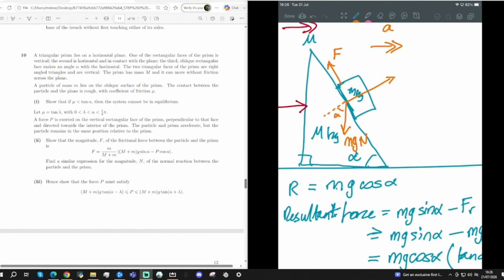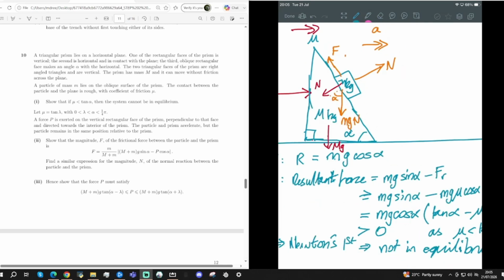And if I read a bit further, find a similar expression for the magnitude of the normal reaction force between the particle and prism. So they've called this N. And if I fill in the rest of the forces on my large prism, I've got a capital Mg going down, and that contact force is the force of the prism on the particle. So there's an equal and opposite force for the particle on the prism.